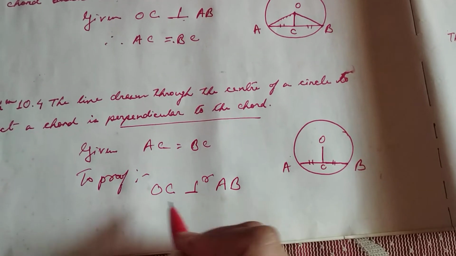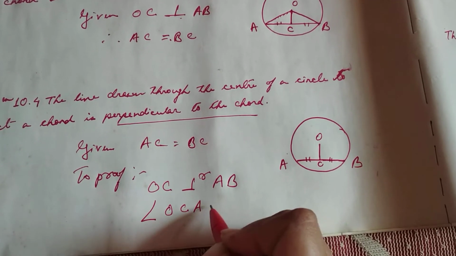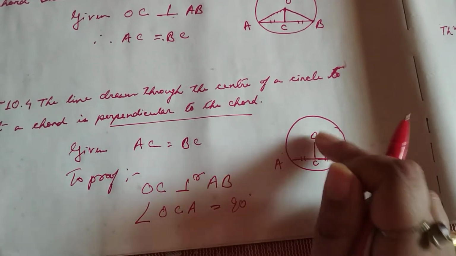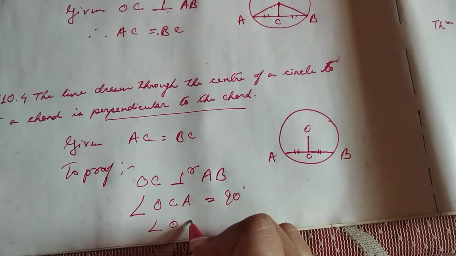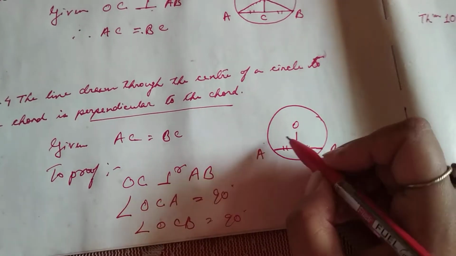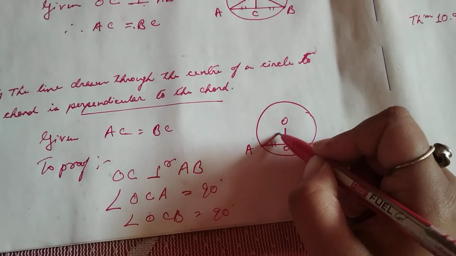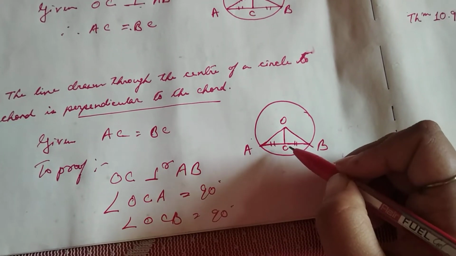How will you prove this? That it is perpendicular, if you can prove that angle OCA is equal to 90 degrees. If you can prove that OCA and OCB are 90 degrees, then you can say that OC is perpendicular to AB. You can do it easily by joining these lines like this and making two triangles, and making them congruent.